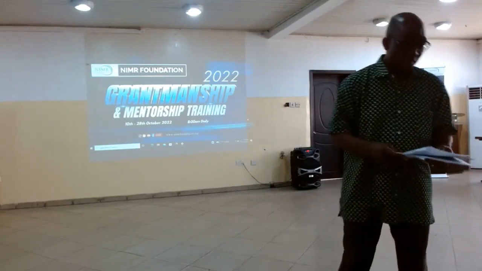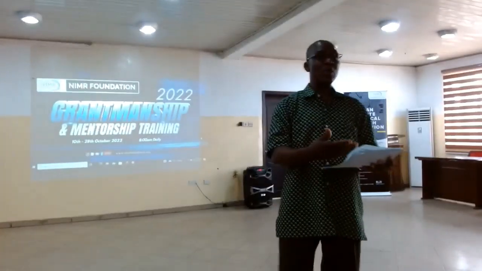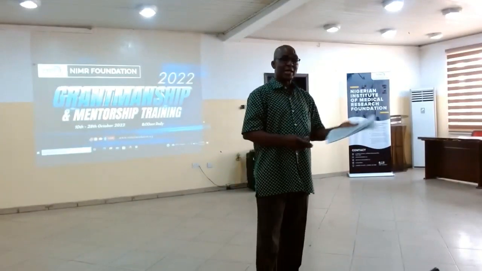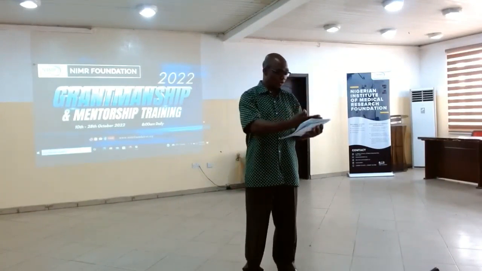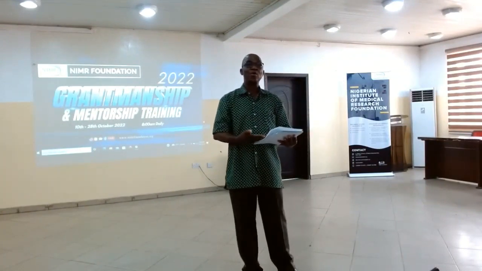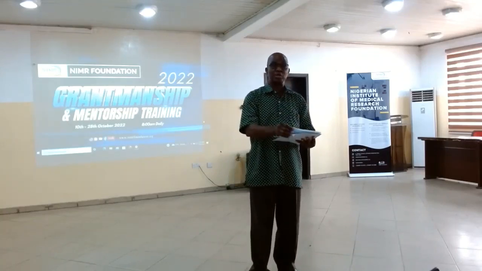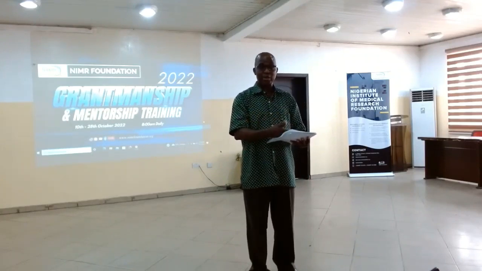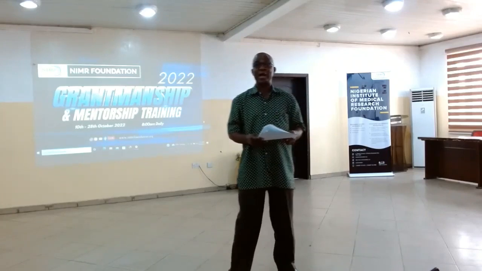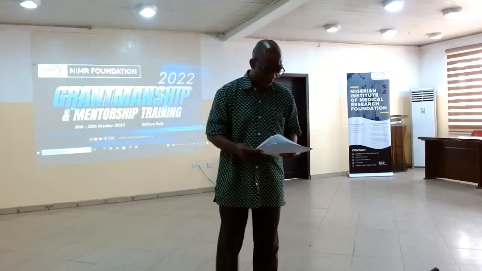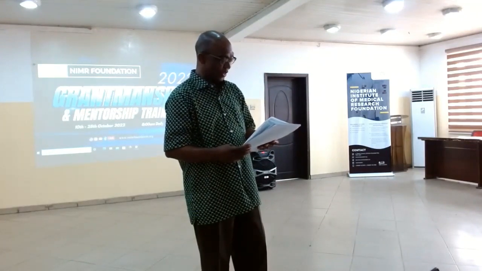The same way, when reviewers review an application, we start with the specific aims page, go through and see what the issue is all about. You want to know the gap, how they propose to fill the gap, what the study will add to the knowledge, and then you see how they plan to do that, which is the specific aims.